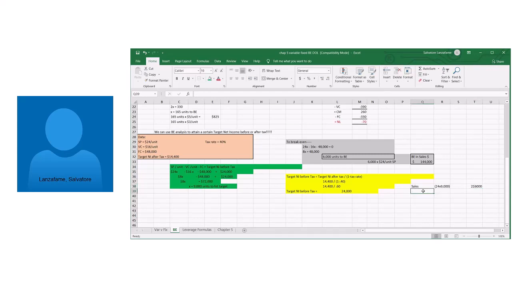And then the variable costs would be $16 a unit multiplied by 9,000. It gives me 144,000. Let's put some commas into this. There we go.